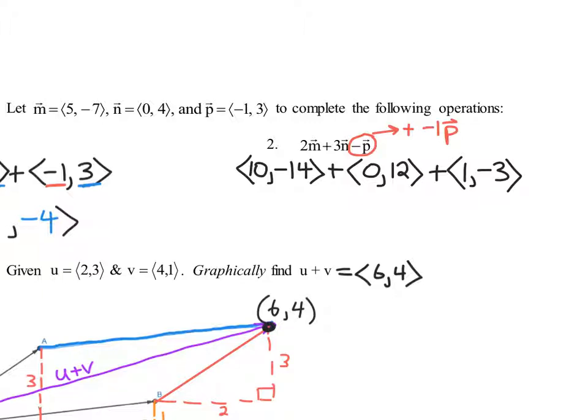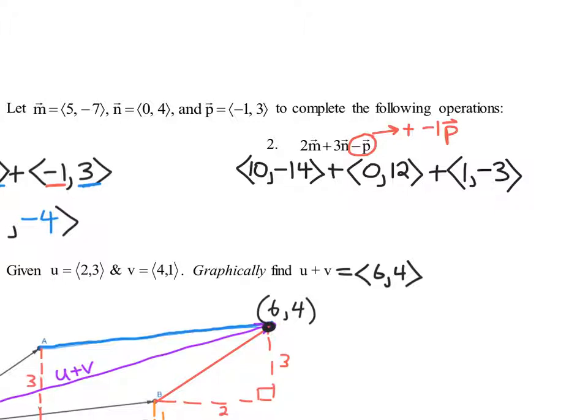It's easier to see the result of vector addition because you're finding the diagonal of your parallelogram. That's what vector addition is. Vector subtraction is still finding the diagonal of the parallelogram, it's just that one of the vectors is going in the opposite direction. So if I were saying minus p, I'm talking about the negation of this vector, so it would be going in the opposite direction of -1, 3. Also, it's a little easier to do the math.